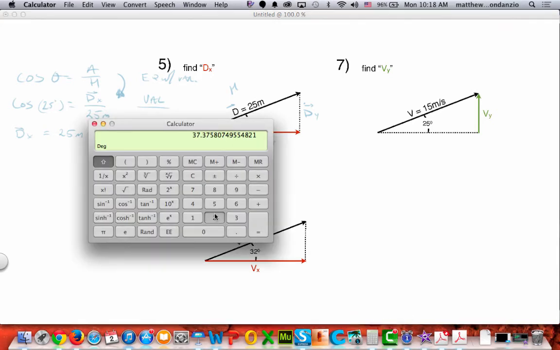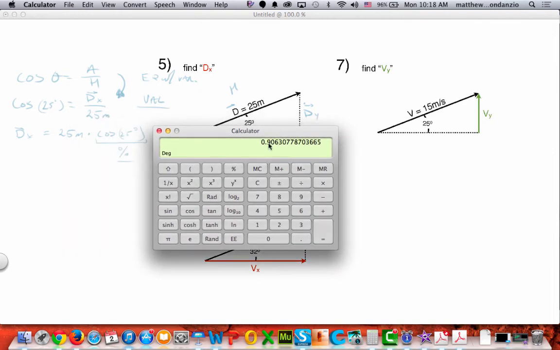It's almost 91% if I round it. It's about 91% of 25 meters. It's not the full 25 meters, it's 91%. Does that make sense? That's why I want you to put the meters in here, because the only thing that carries units is the meters.